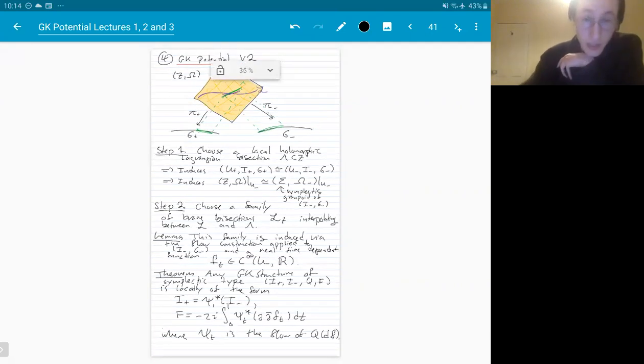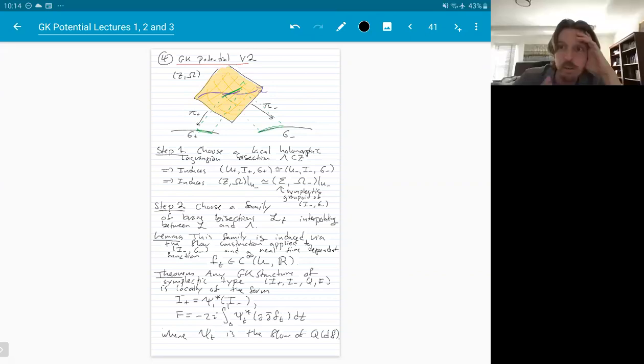Yeah. Any questions about this? Sorry, but even this, it seems conceivable that you could describe globally another Lagrangian bisection as a graph over the given one somehow.